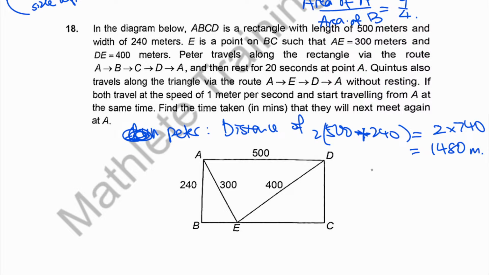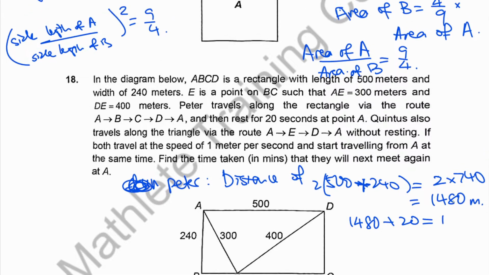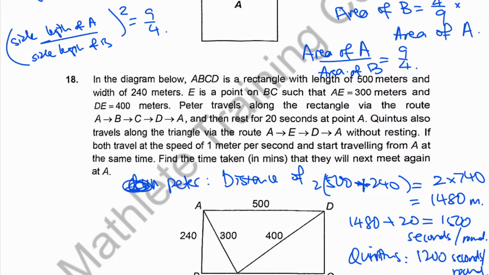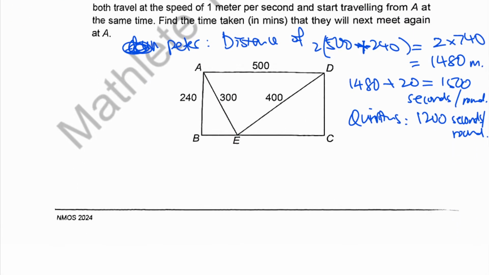Okay, so every round you do 1480 meters, then plus 20 seconds, which is 1500 seconds per round. Then Quintus will take 1200 seconds per round. Why 1200? It's because the perimeter of AED is 1200.